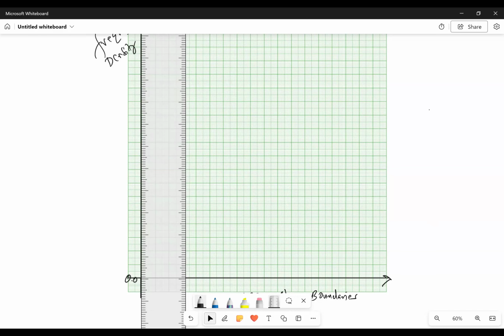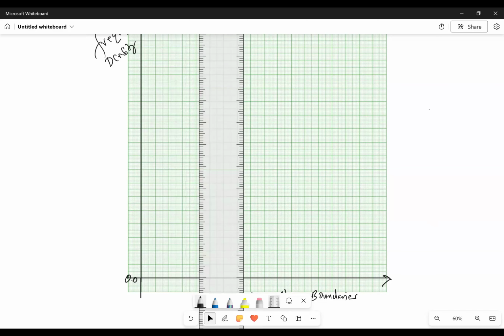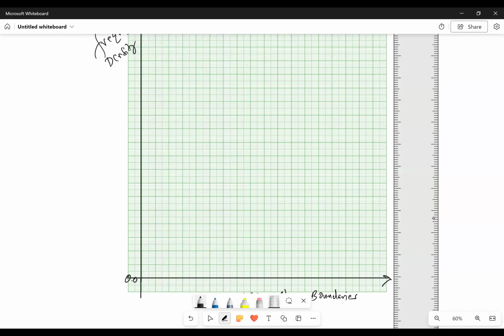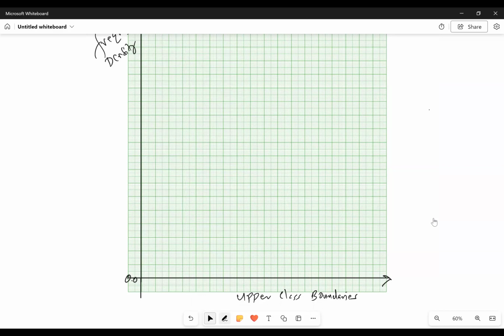Okay. This is almost like 2 centimeters. So with that, I'm going to calibrate my y-axis. So this is 0.1. This one is 0.2. This one is 0.3. This one is 0.4.